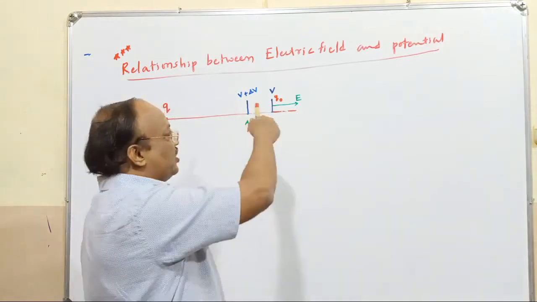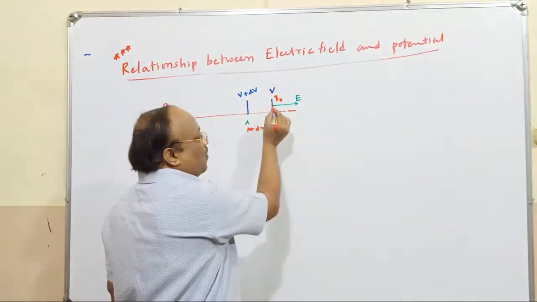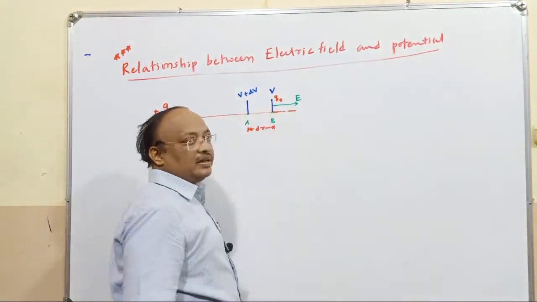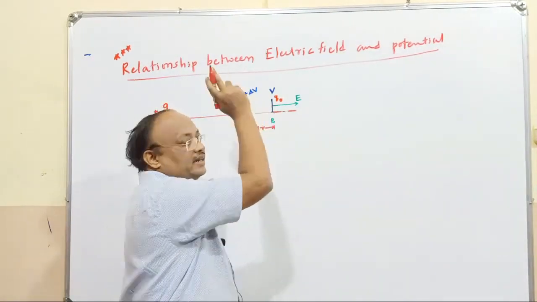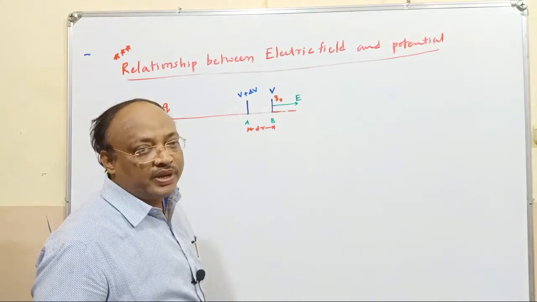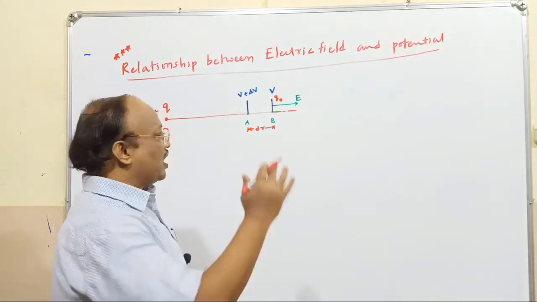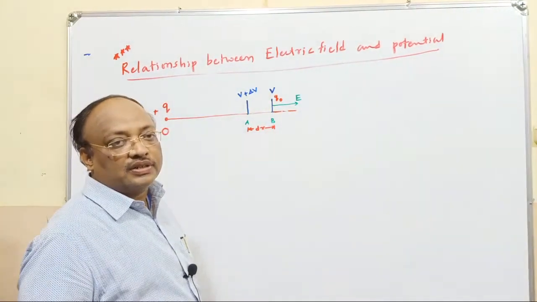Already during the definition of electric potential we have seen this. The force you are applying should not accelerate the test charge. You are applying the force and there should not be any acceleration.